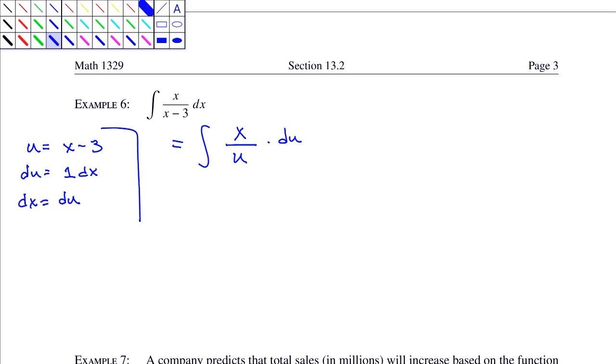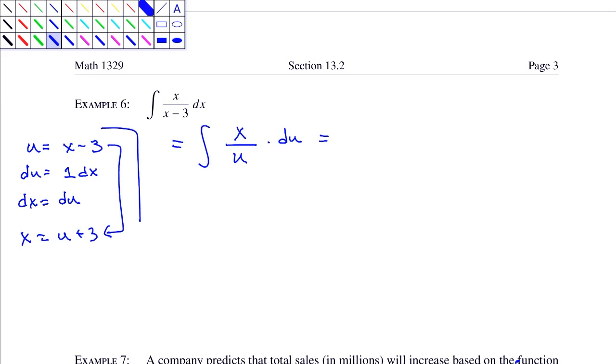So what's x? What is it? u plus 3. All right. So you get this extra relationship if you need it. If u is equal to x minus 3, then x is equal to u plus 3.